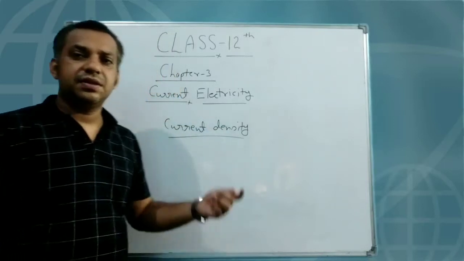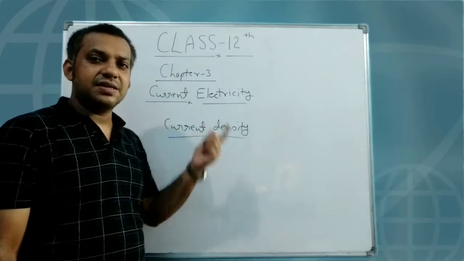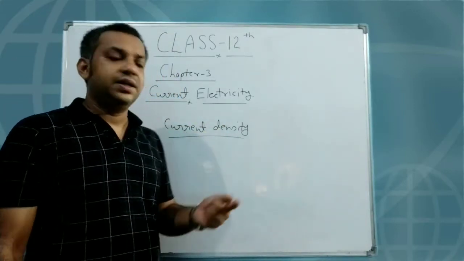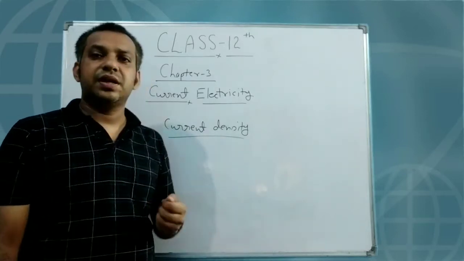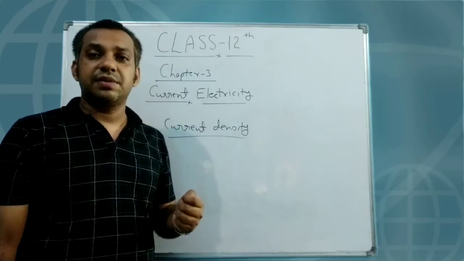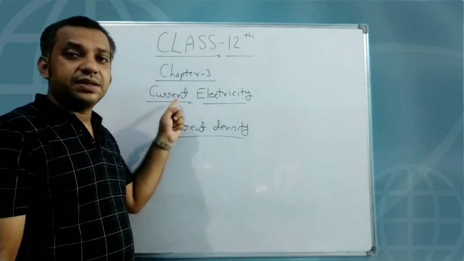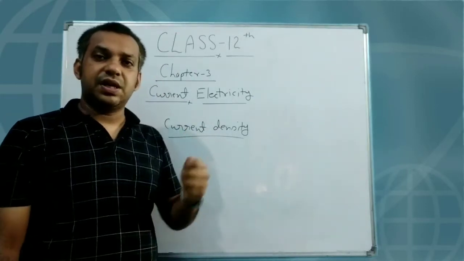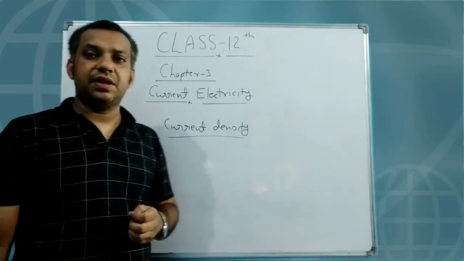We discuss this term for the first time, because in class 10 we only discussed electric current. Also, a very important question asked many times in the board examination is the difference between electric current and current density. That will also be discussed in this lecture.